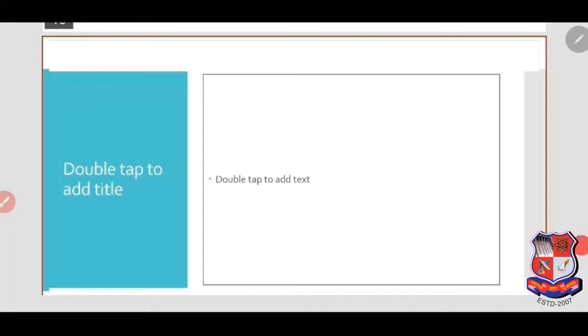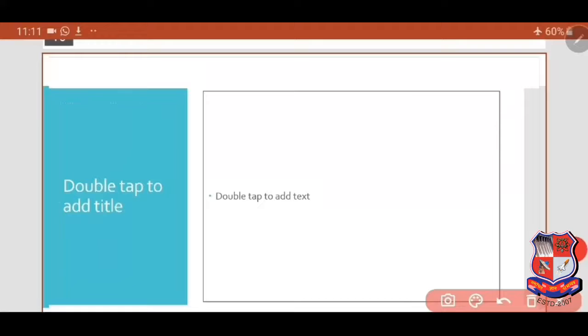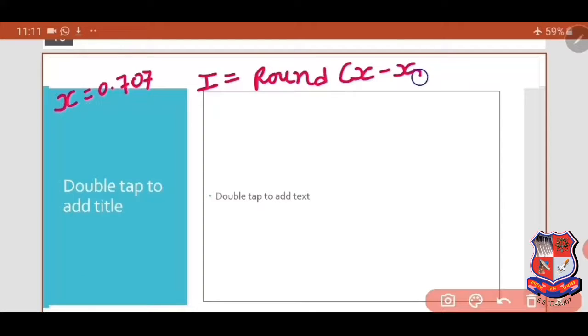Now over here we have a value of x, which is 0.707, and we are interested in finding the index value I. For the index value I, we have the equation: round of x minus x min divided by delta.